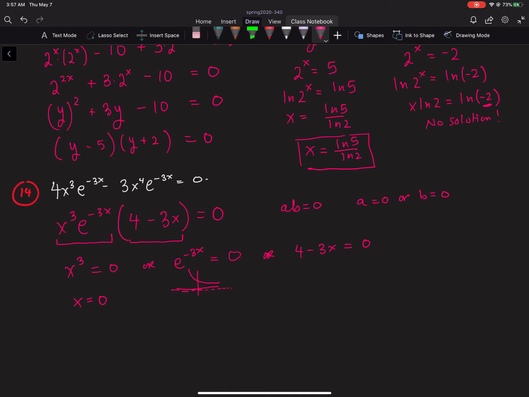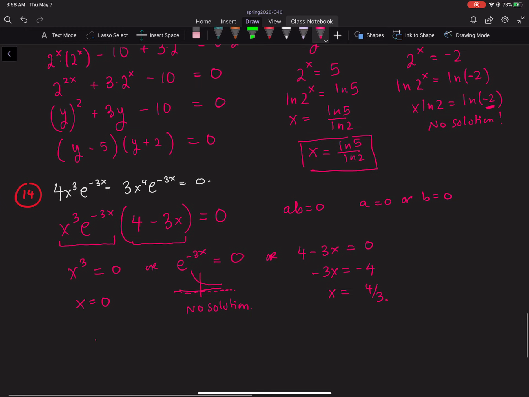There is no way that you can find an x value that is going to be equal to 0 when you plug it into that equation. So here we have no solution. And then the last case, I have negative 3x is equal to negative 4, so x is equal to 4 over 3. So the solution set for this is 0, 4 over 3.